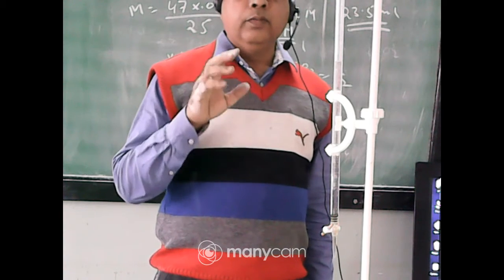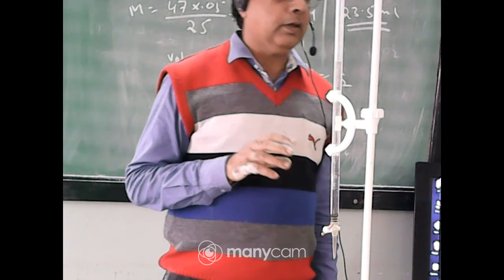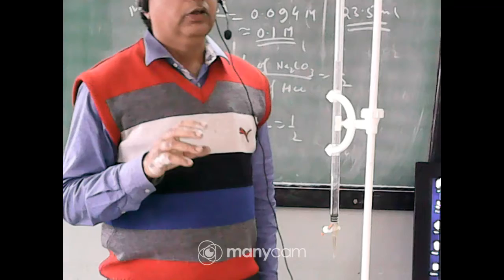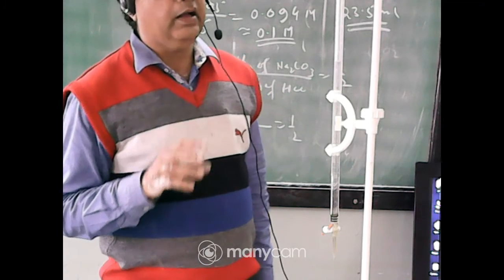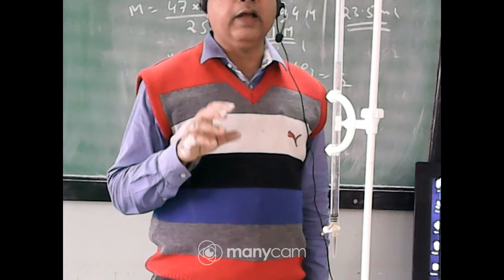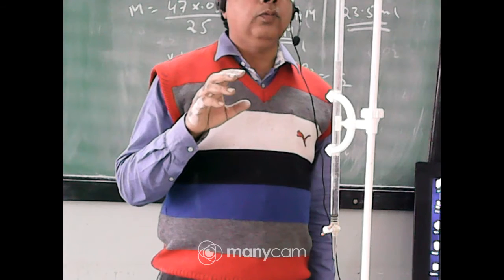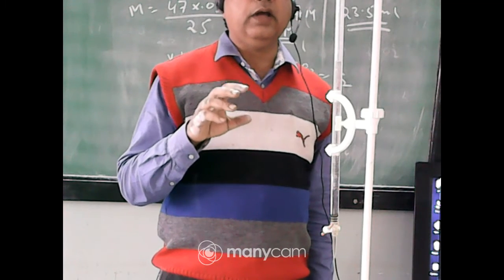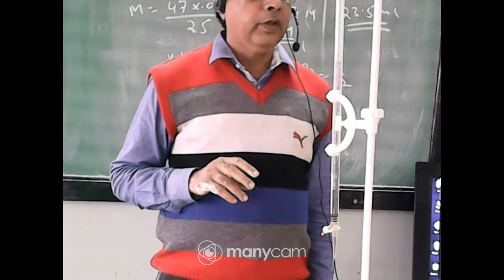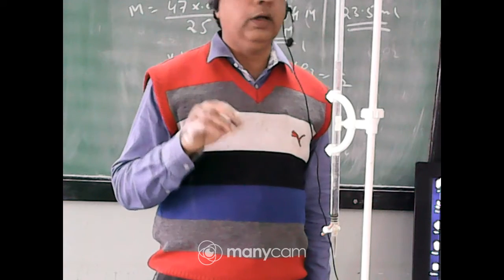All the practicals you must write in the laboratory notebook in a systematic way. Then I will perform the salt analysis: tests for cations and tests for anions. There are more than 12 or 14 cations and 6 or 7 anions in your syllabus. The performance I will show here in a systematic way.